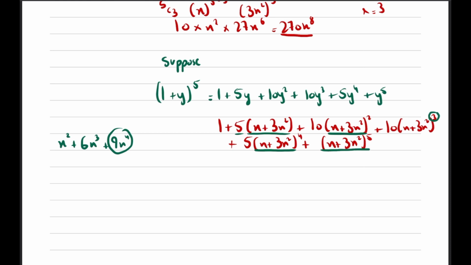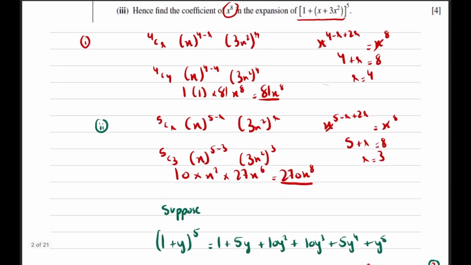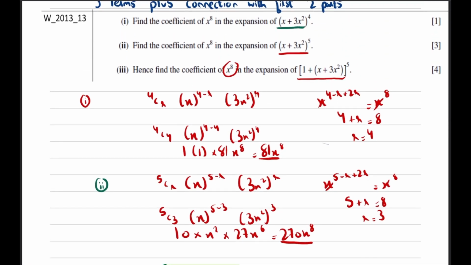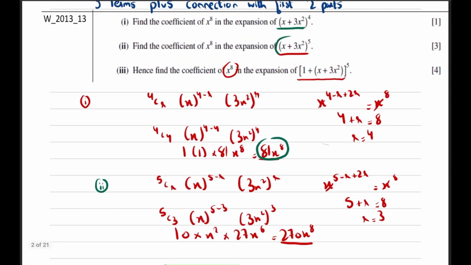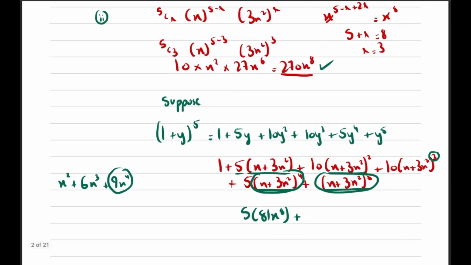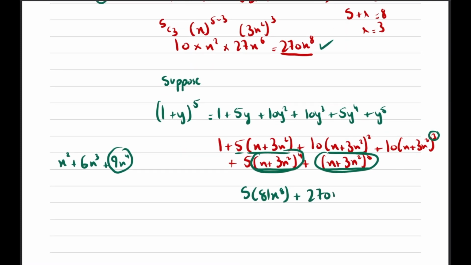So in the upper part, when it was (x plus 3x square) power 4, what was the coefficient of x power 8? You got 81x power 8. So can I write 5 times 81x power 8 plus, if you notice here, when it was power 5, what did you get as x power 8? 270x power 8. So it's going to become 675x power 8. So in the end you're going to write the coefficient of x power 8 is 675. Do you get this?